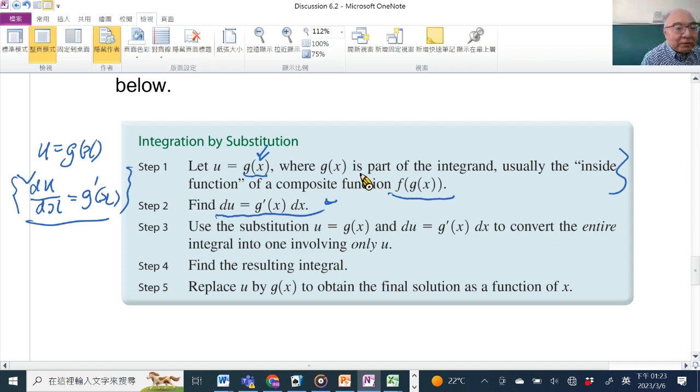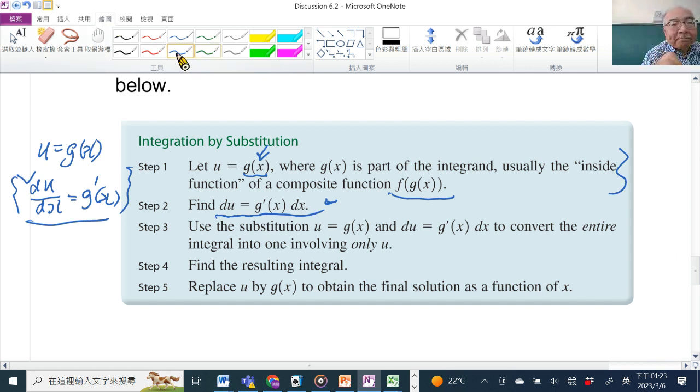That is very similar to moving dx to the other side of the equal sign. In the right hand side, everything is in terms of x. In the left hand side, everything is in terms of u. So after this step, we can transform our integration from the integral variable x into the integral variable u. That's the purpose of substitution.